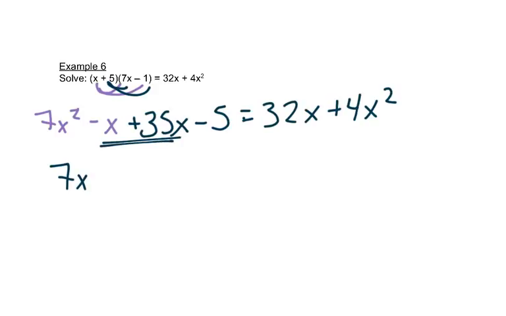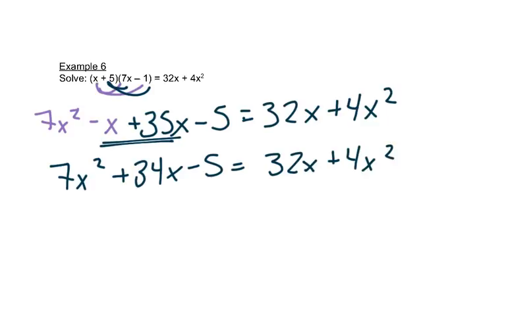So we have 7x squared plus 34x minus 5 equals 32x plus 4x squared. Now I want the right-hand side to be equal to 0, so I'm going to move those terms. This is plus 32x, so I'm going to do a minus 32x, and I'm going to write it over here under the x.